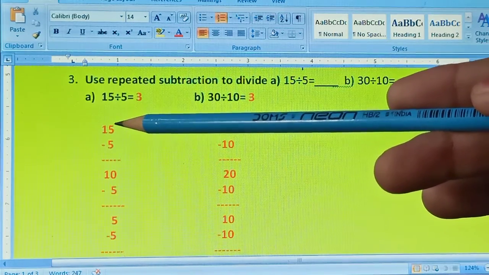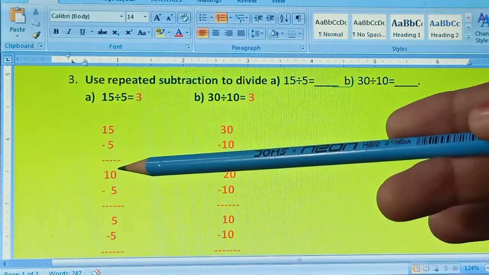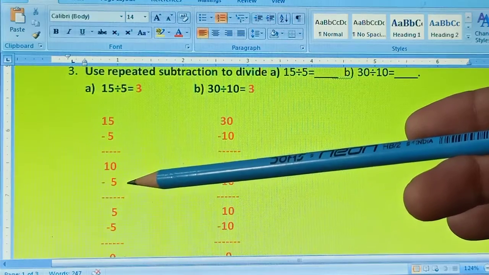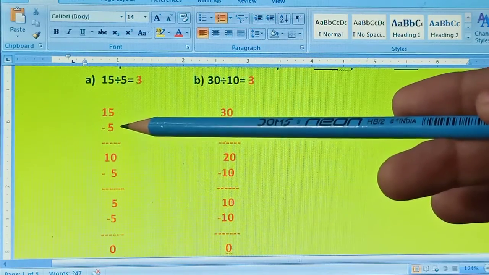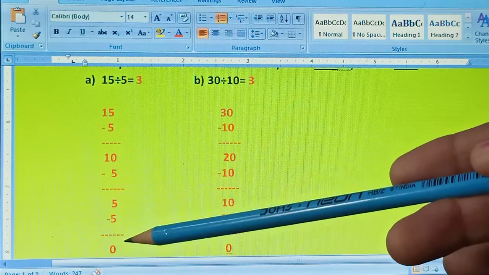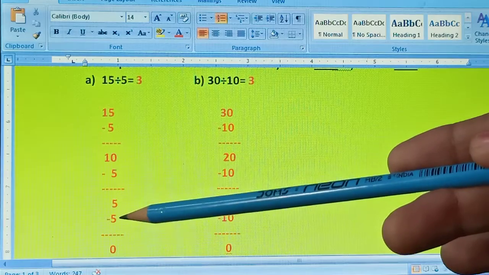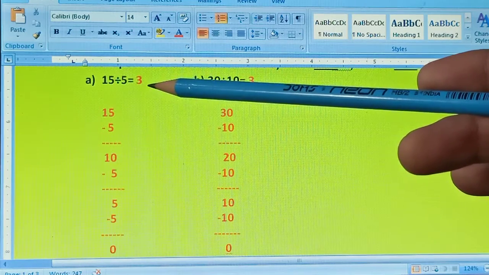Okay, you will subtract 5 out of 15 every difference till you get 0. Okay, so here after how many steps are you getting 0? 1, 2 and 3. So 15 divided by 5 will be 3.